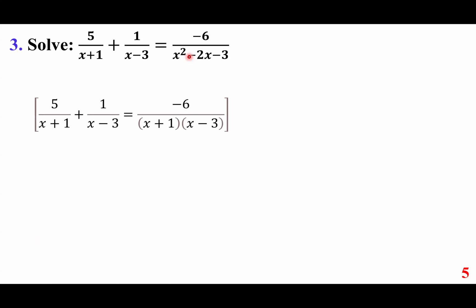And now it's important to know that if you set this equal to 0, x becomes negative 1, this becomes 3. The same thing here. X cannot be those numbers. You're going to exclude the numbers that will not work. So x can't be negative 1, x can't be positive 3. Now the fastest way to solve this is to multiply both sides by the LCD, which is this one, and we write it in the form of a product, factored form.